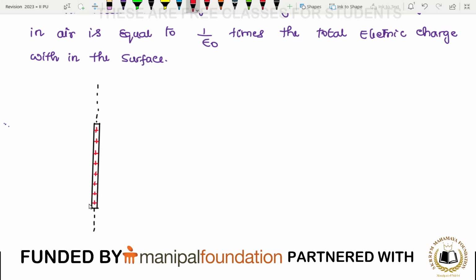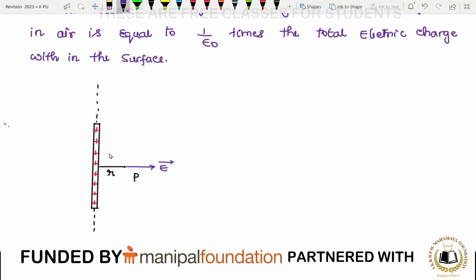Okay. So I'll take one point P somewhere here, at a distance from here to here that I'll take as R. At this distance I want to calculate the electric field, and we know that the electric field due to a positive charge is outward, so you are going to get it like this.